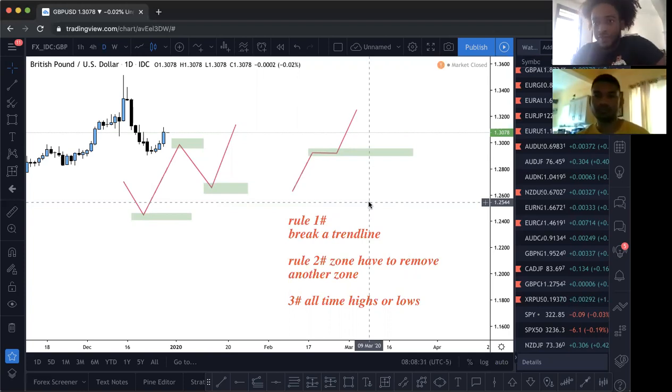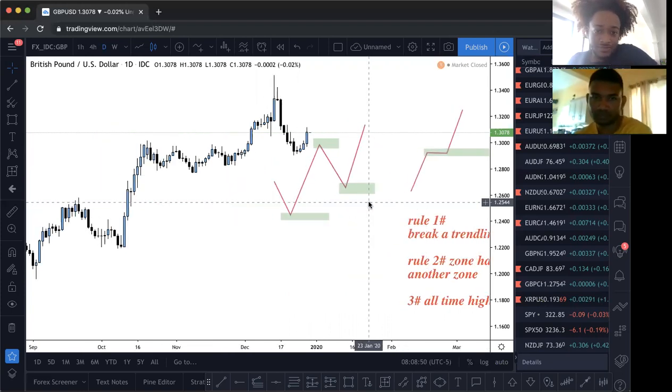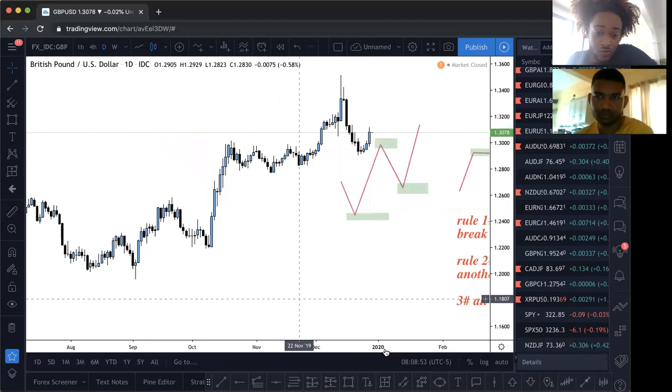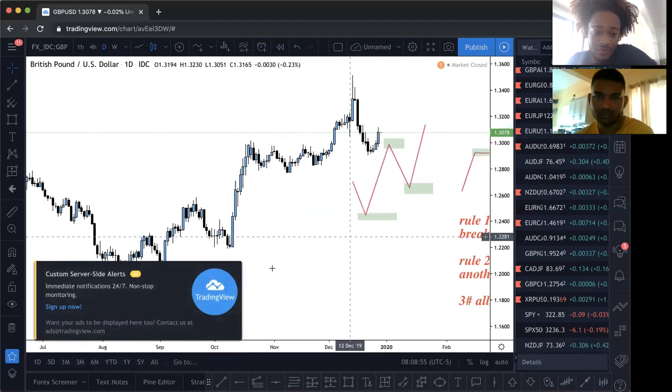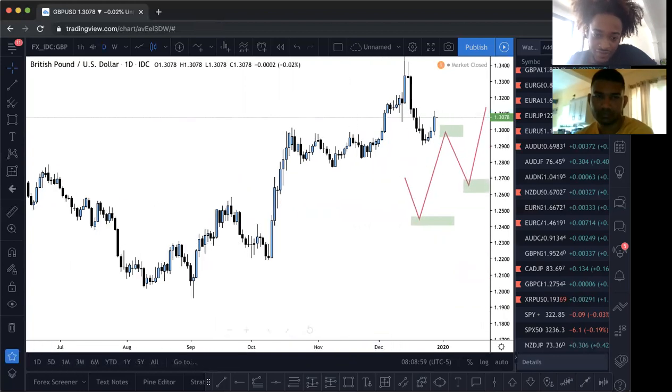Now, yeah, I remember. Even though the zone breaks the trend or removes another zone, you then had to figure out whether the zone is tradable, right? Basically, once you find a zone, for example, this would be a zone here, right?